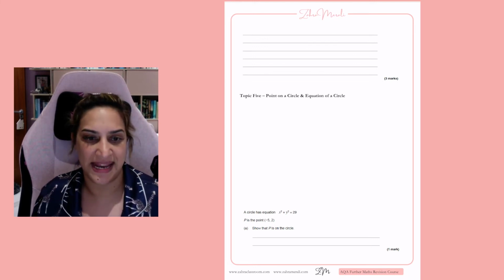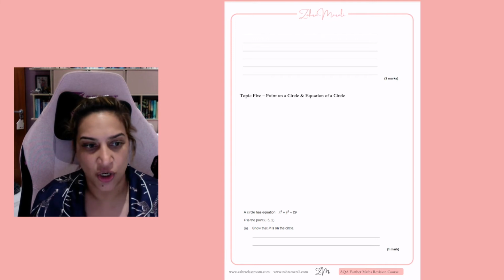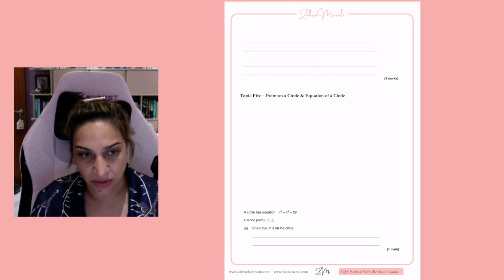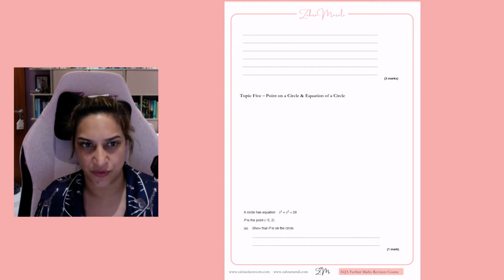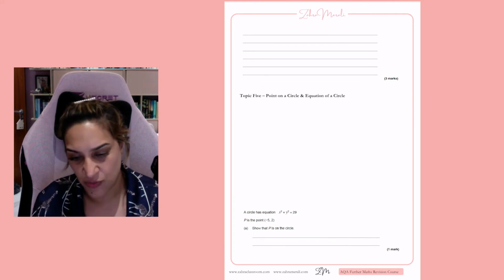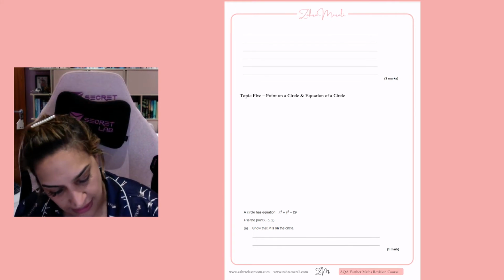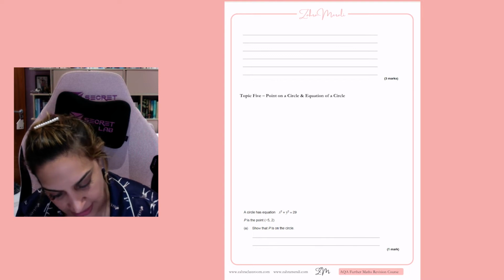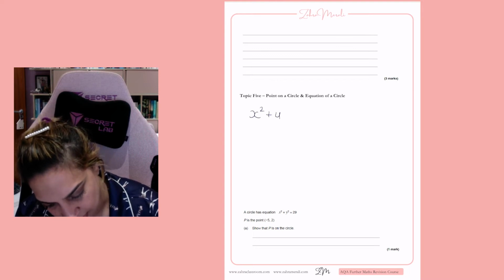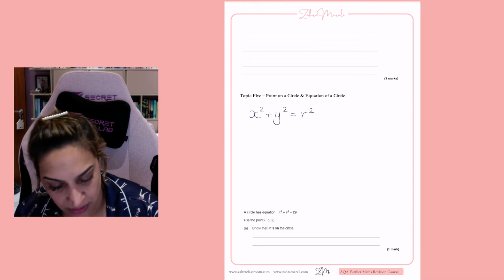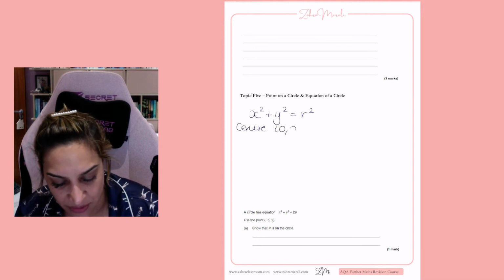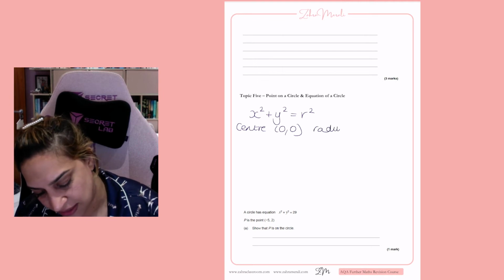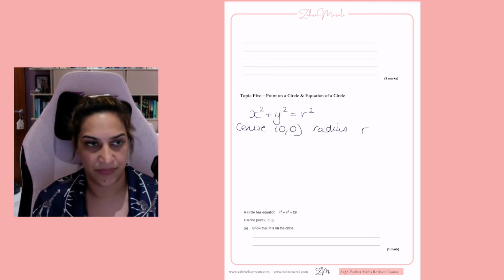Okay, next question. We've got a point on a circle and the equation of a circle. What is the general equation for a circle? Your general equation for a circle is x squared plus y squared equals r squared. That tells you that the center is 0, 0 and the radius is r.